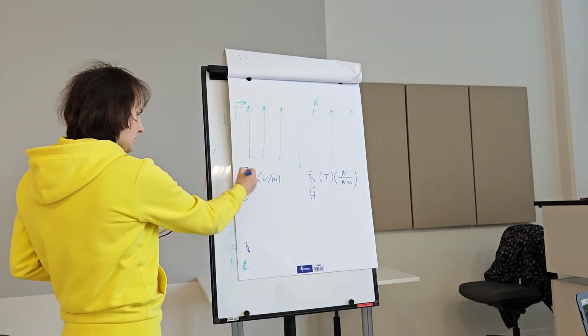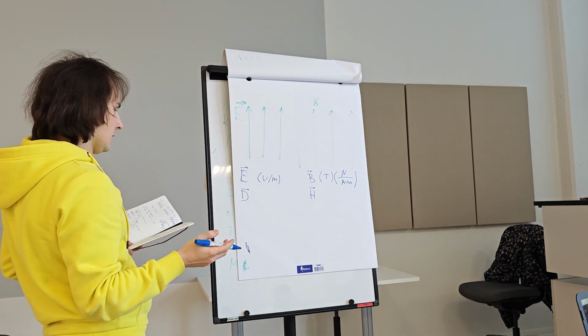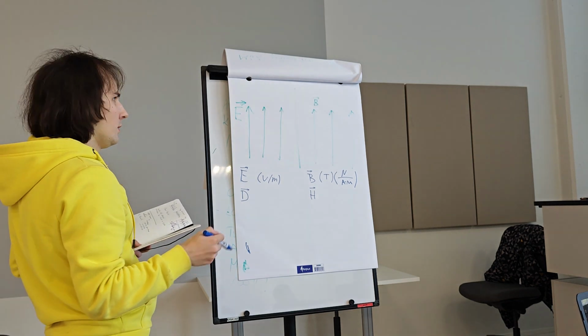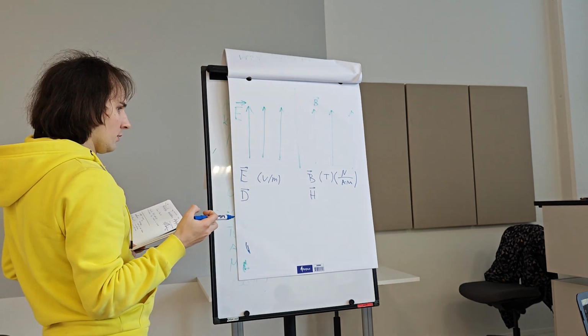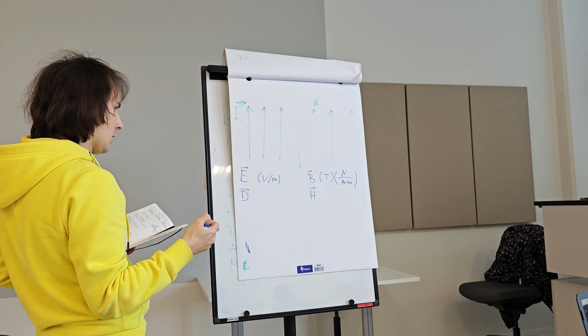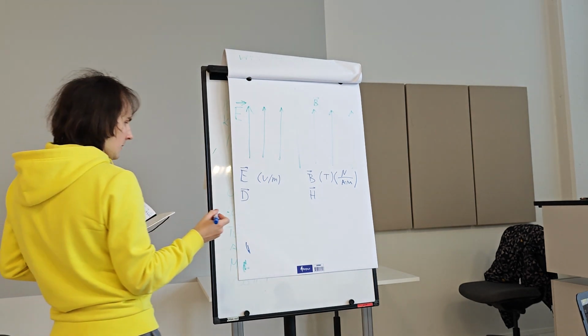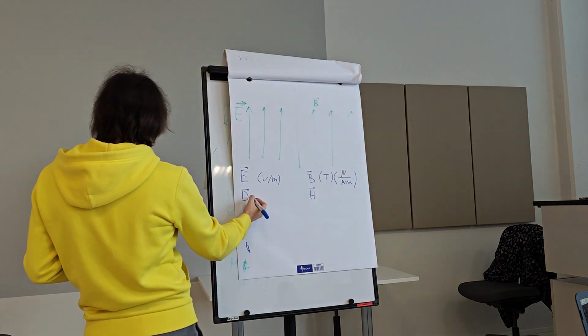The difference between these vectors is that one vector usually takes the medium into account or the material into account, another vector is not taking the material into account. The correlation between these vectors is the following.